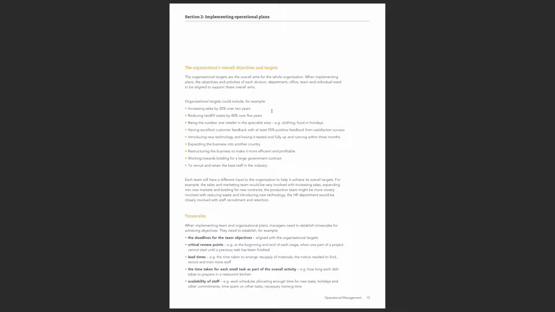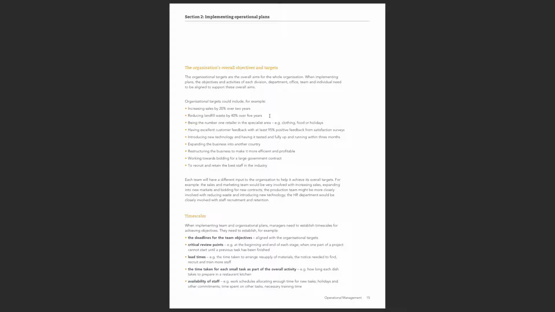For example, it's not just increasing sales and reducing landfill, but increasing sales by 20% over 2 years and reducing landfill waste by 40% over 5 years. An example within the NHS could be increasing online appointments, but not just that, make it specific and measurable. So increasing online appointments from, let's say, 50 to 70 by July.